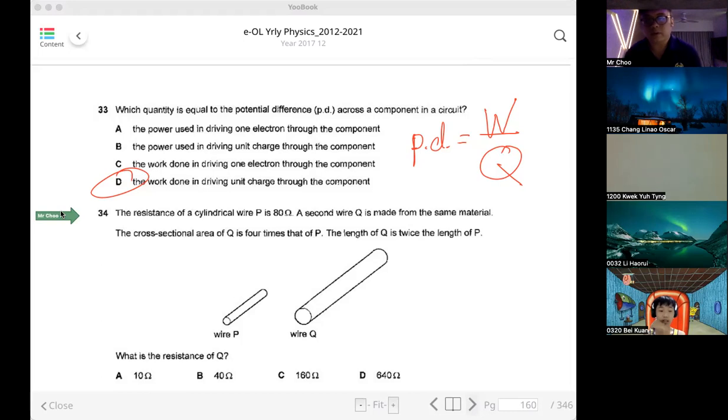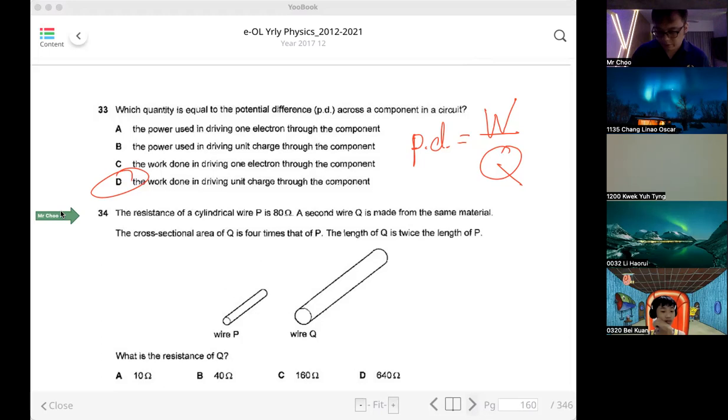Ryan, try again. Qiao Xing, well done. Ryan, try again. Yiting, well done. Yifan, Oscar, try again.